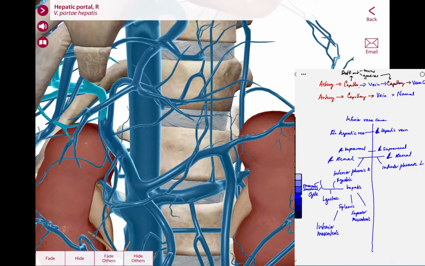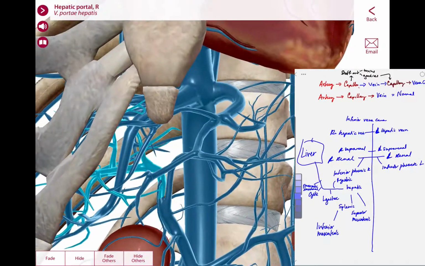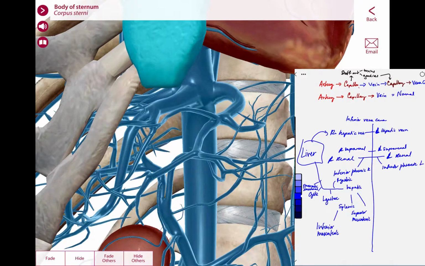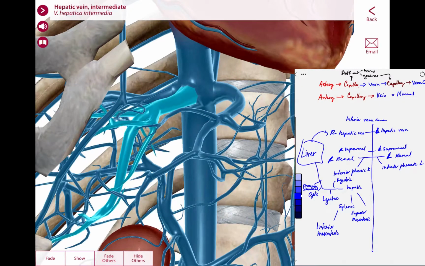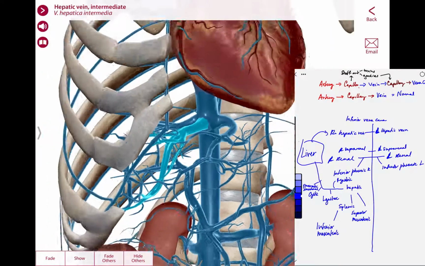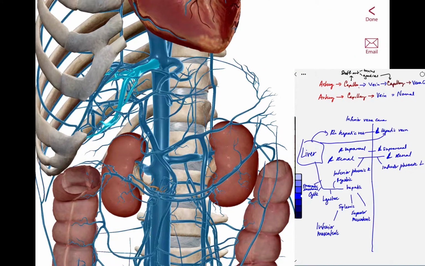And once that blood gets filtered through the liver, I'm going to have to actually get rid of a couple structures here. It's going to go back through these hepatic veins. So I'm going to actually draw on this guy. And you can imagine there's blood coming from down here. It's going to go through something like this superior mesenteric.